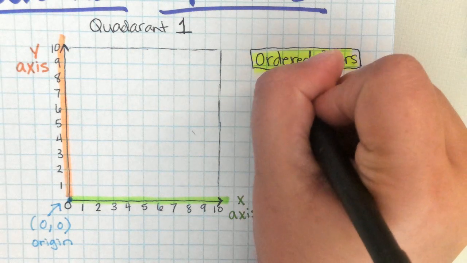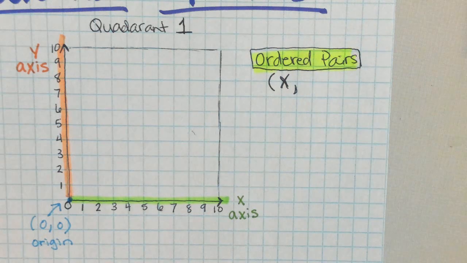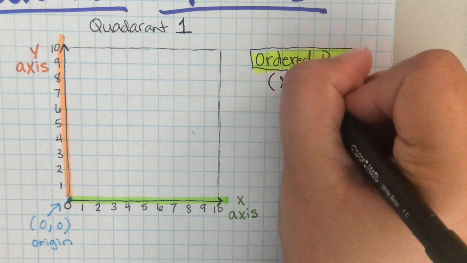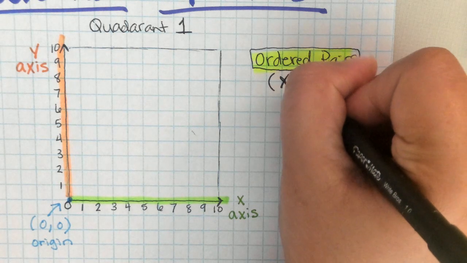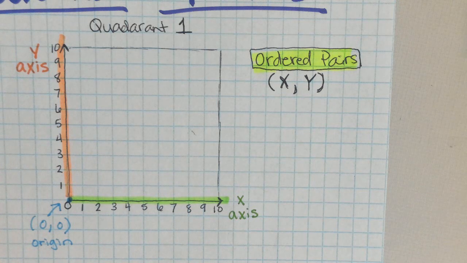The first number is going to be the number on the x-axis. And then the second number is going to be the number on the y-axis. So I have an x and a y number to show me how to graph those ordered pairs.